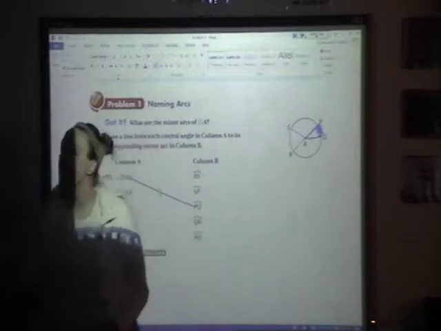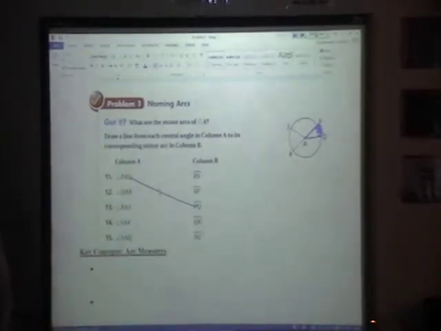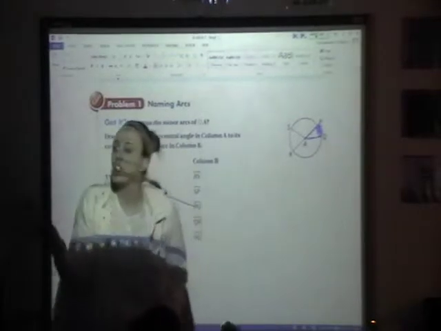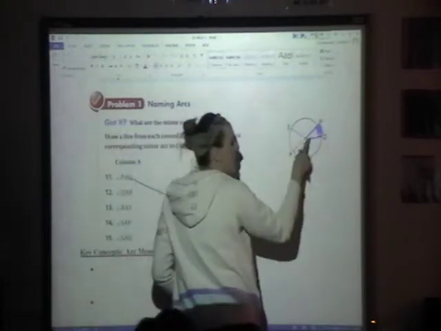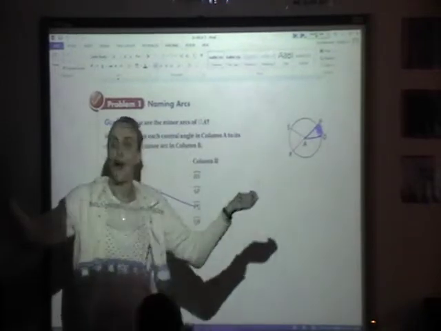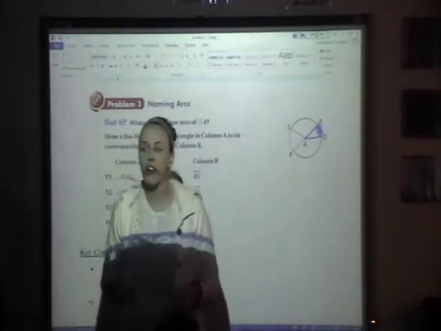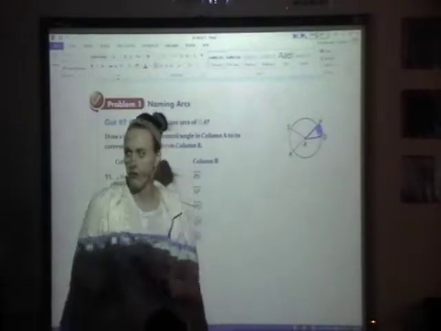Because the whole point is that the measure from your angle represents the arc. So therefore, to find the arc, we just take away the angle. We don't need the A. We don't need the triangle. All we need is my snow cone. If I could get rid of my snow cone cup, I would. And all I would worry about is my snow cone.